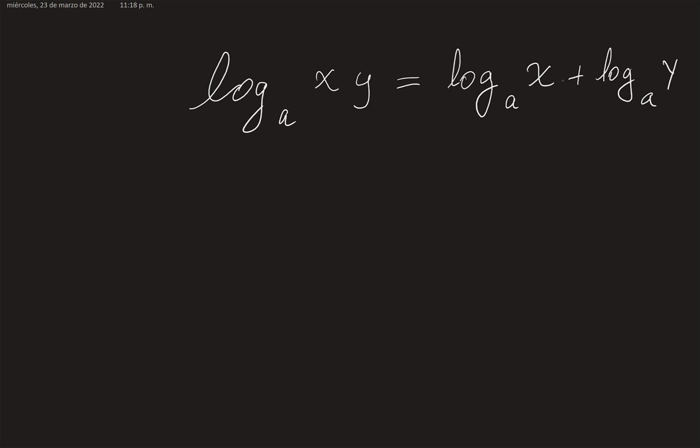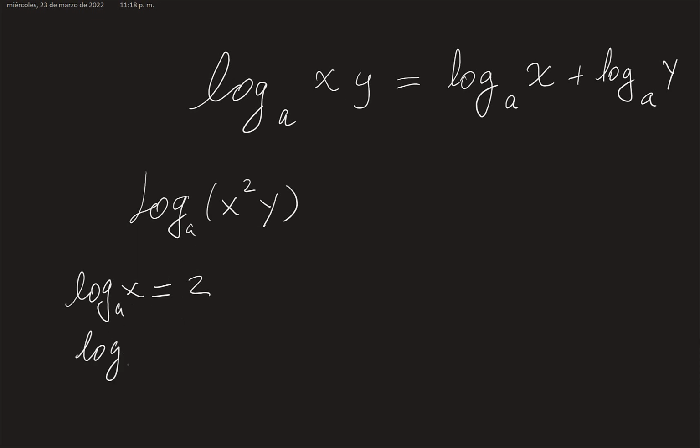How to use it? Suppose that you want to calculate log of x squared times y, and you know that log x is, suppose, 2 in any base, and log of y is 3.